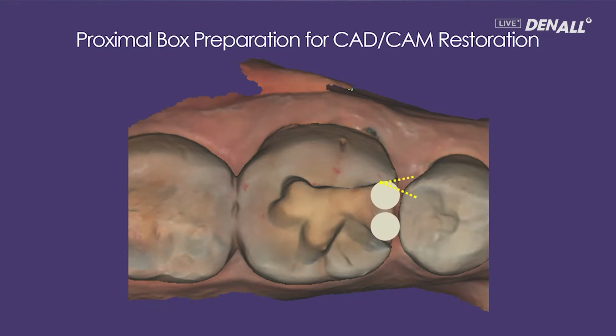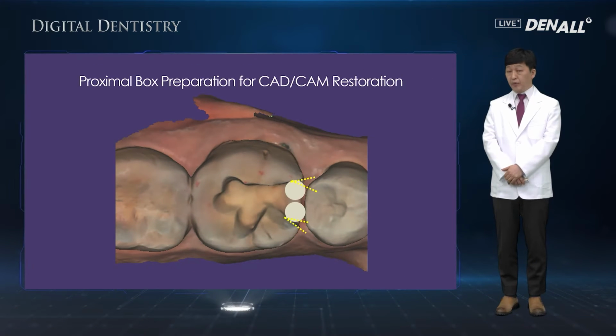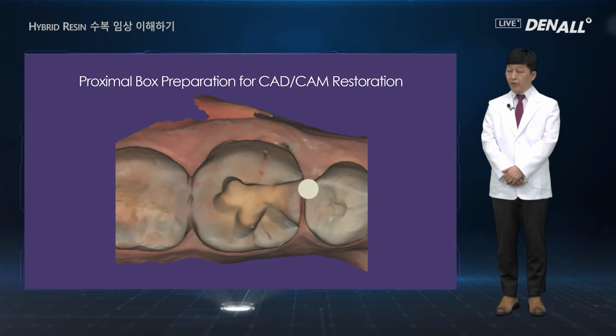The path which the burr passed through, the yellow bit over here, this will not be milled. If so, the restoration fit will go down. Second, if you want to adjust the edge appropriately and do over reduction, what kind of problems could occur? You need to excessively prep adjacent teeth.